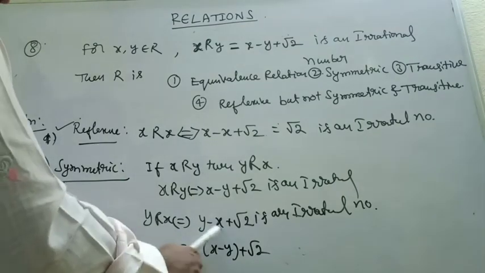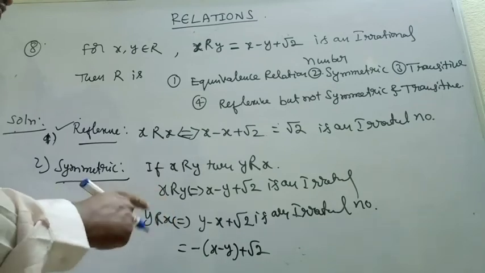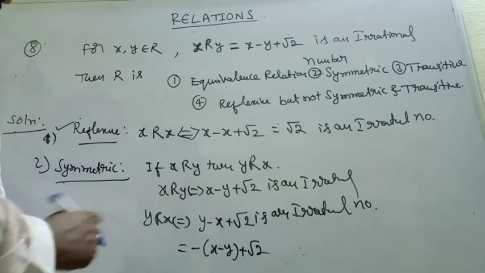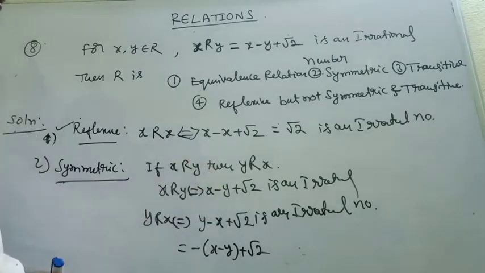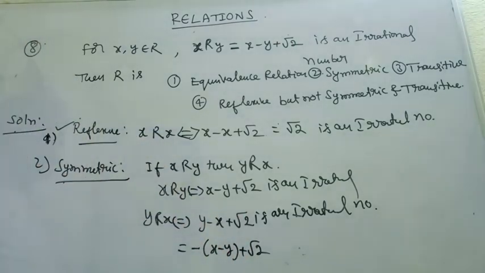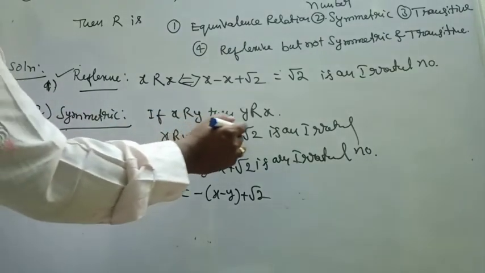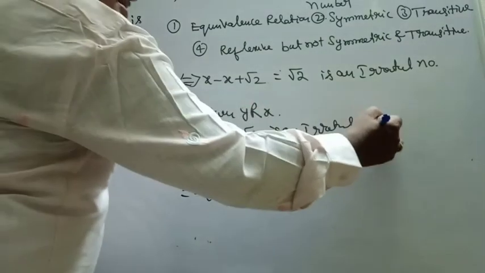Suppose I get x minus y as root 2. There is a possibility where x, y belong to real numbers. Now you see, my dear students, x minus y plus root 2 is an irrational number. This is given for us.